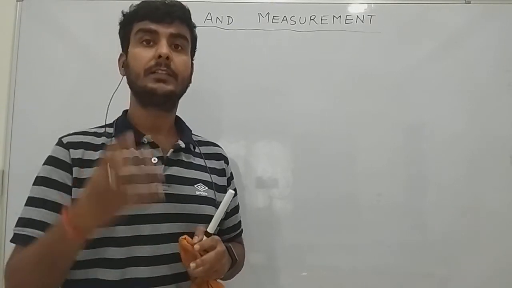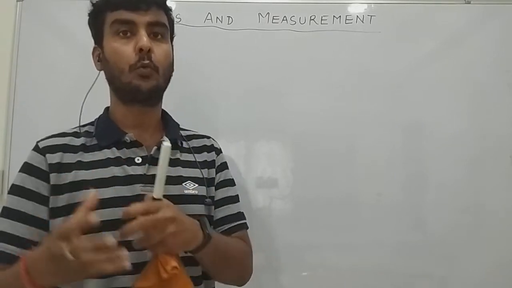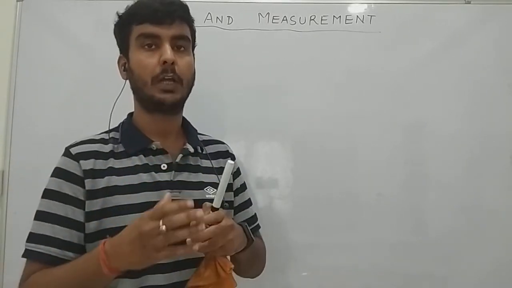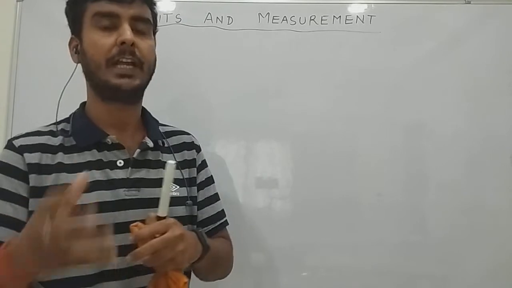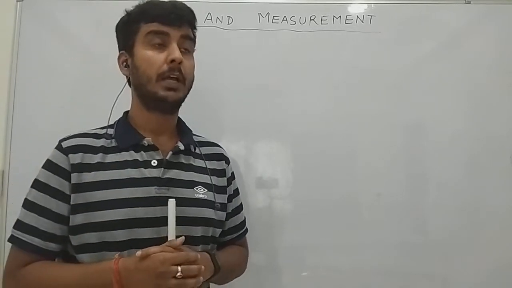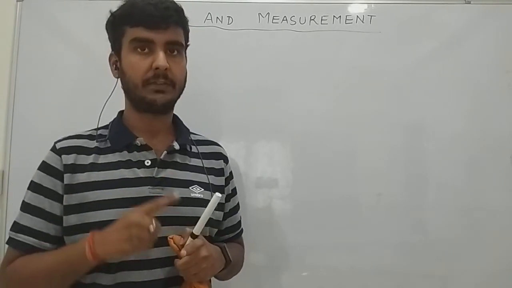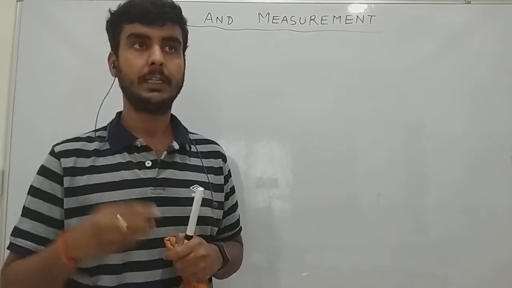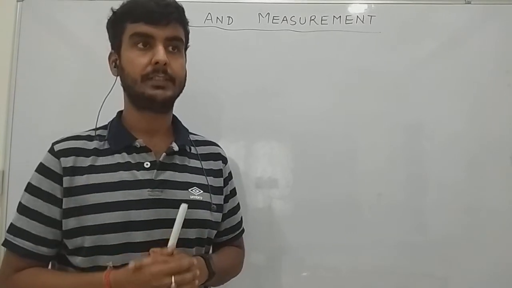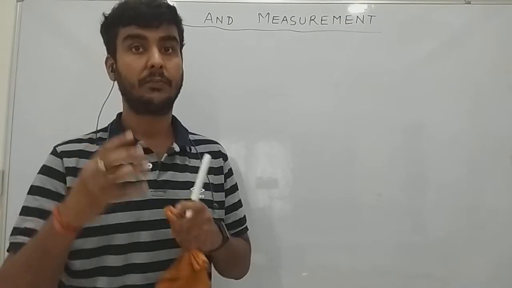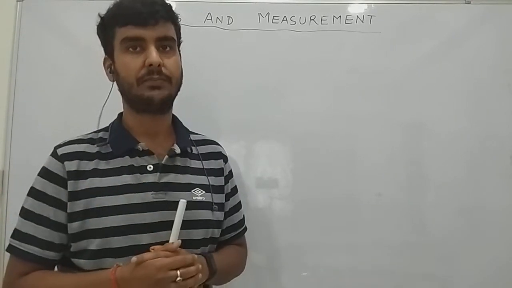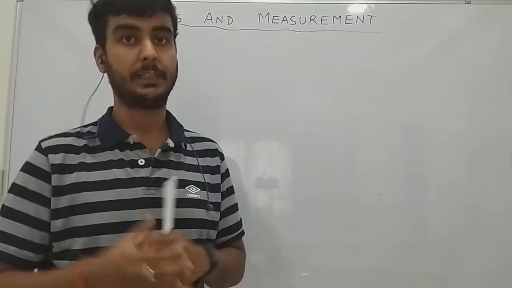So what are the things which you should know to derive a formula for a physical quantity with the help of dimensional analysis? In order to derive a formula of a physical quantity by using dimensional analysis, you should know the factors on which that physical quantity depends.